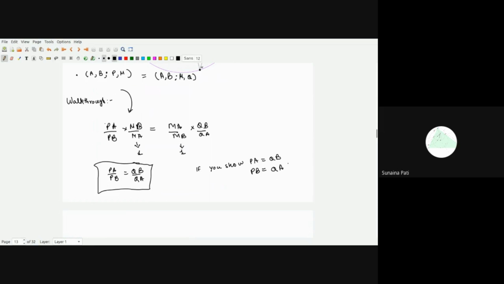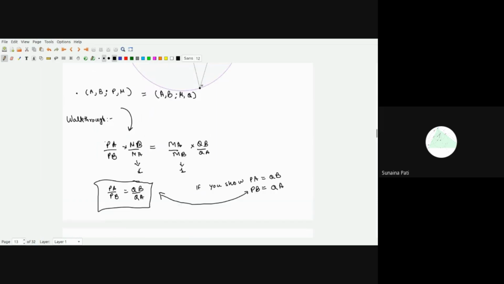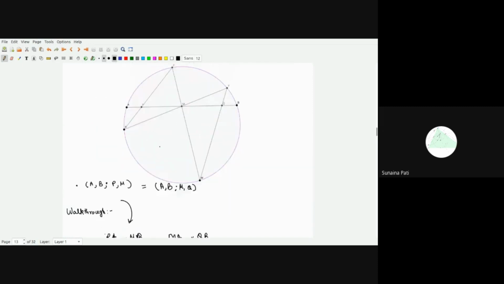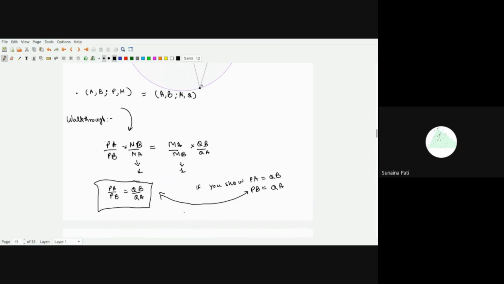You just have to show these two lengths are equal. How do you get this from this? It's actually close. If P and Q satisfy this, then obviously M is the midpoint because of symmetry, but we're proving why it happens.